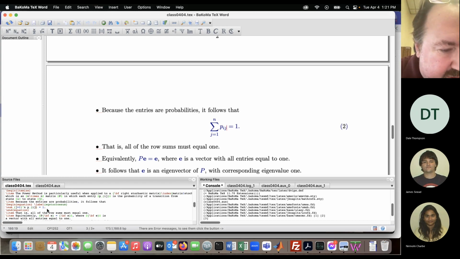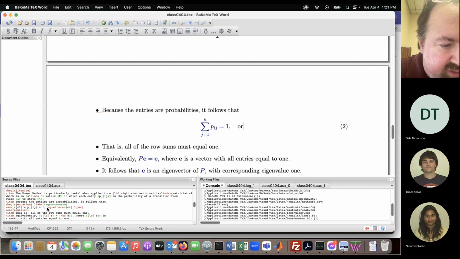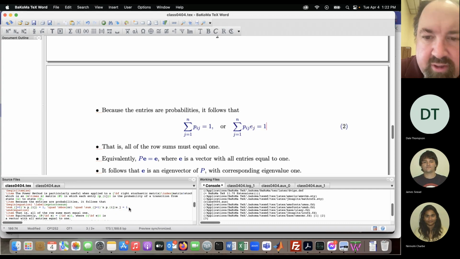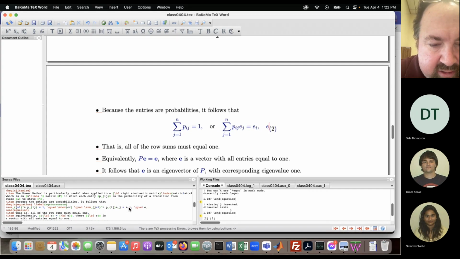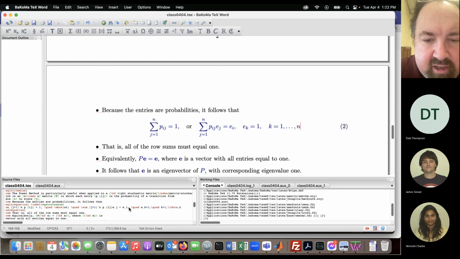And a way you can see that is, the sum over j of Pij Ej is equal to Ei. All right, so e is a vector of all ones.